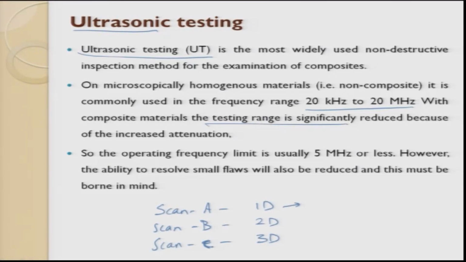So, one dimensional is only in the x plane, two dimensional is in the x-y plane, and this is in x, y and z, which also gives you the depth information. So, the scans can fall in any of these regions, and these are the different types of ultrasonic testing which is done. The operating frequency we use is somewhere close to 5 megahertz, and we try to detect the defects in the composites.